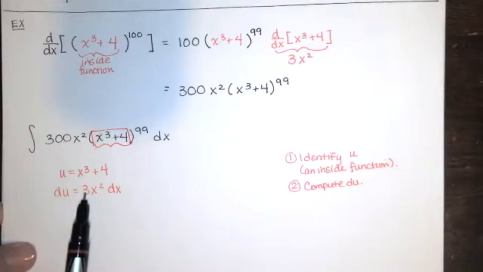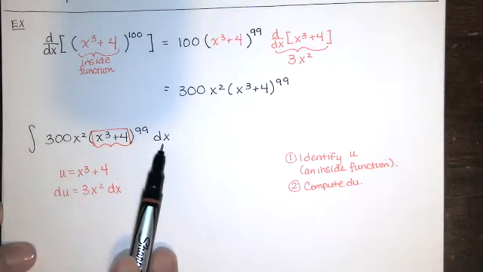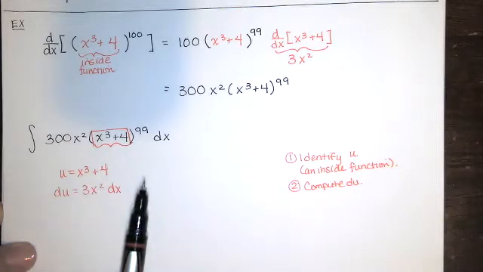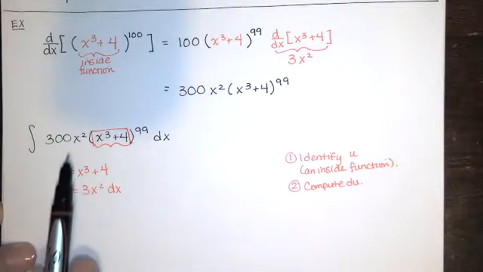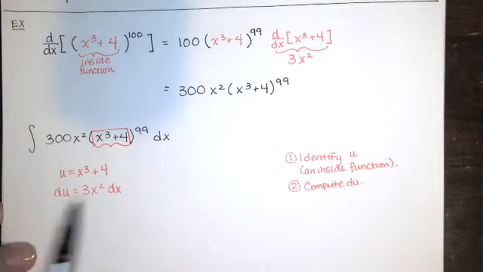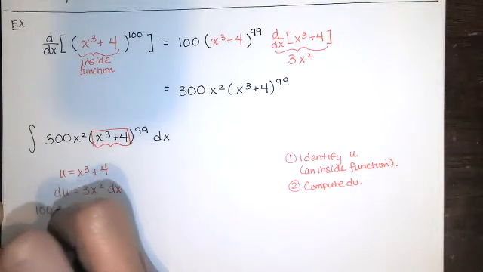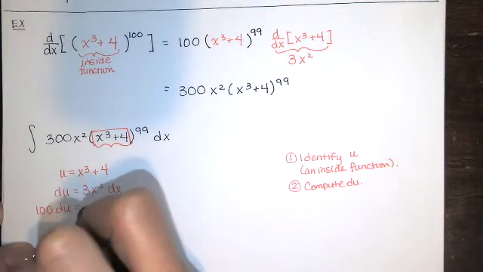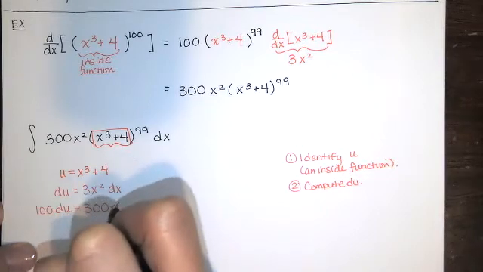I'm comparing this 3x squared dx to what I have up here. Since I have the x squared dx, I know it's going to work, but I don't want a 3 here, I want a 300. So I'll take this equation and multiply both sides by 100, and I have 100 du equals 300x squared dx.